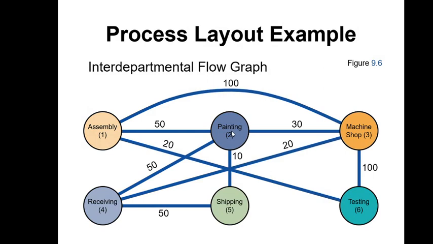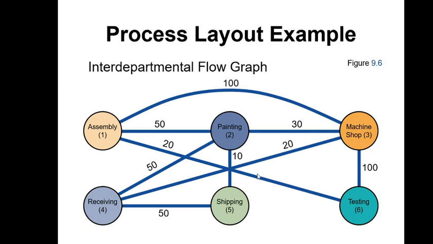Now we'll take the painting. As we can see, we have to move 30 loads from painting, department 2, to department 3. How many loads? 30. But it's adjacent departments, so 30 multiplied by 1, it will be 30 only. Now from painting to receiving, we have to move 50 loads, and it's also adjacent, so 50 by 1. And from painting to shipping, here from 2 to 5, we have to move 10 loads, 10 multiplied also by 1.